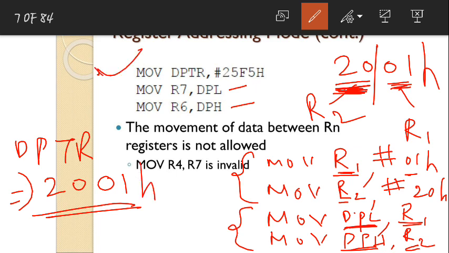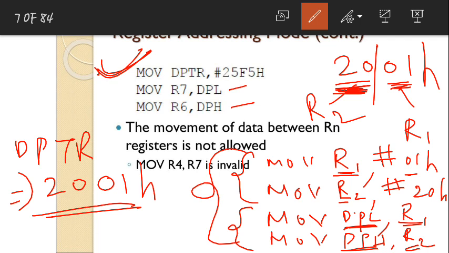This example was using register addressing mode. I can move some data from DPTR to 8-bit registers using DPL and DPH, and this example was to move the data from 8-bit registers to DPTR using two 8-bit registers of DPTR, that is DPL and DPH, vice versa.